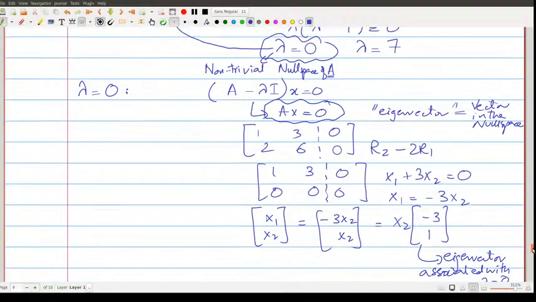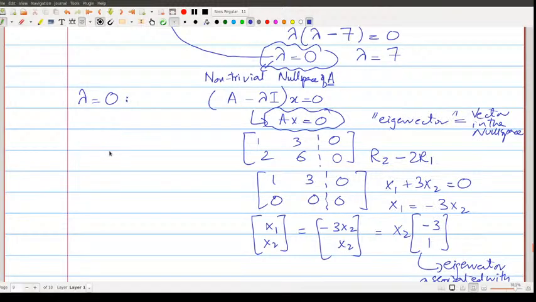But that eigenvector is actually sort of trivial in that it shrunk down. If I show you what happened, let's say this was the original vector, which was minus 3, 1. When you apply A on this space, this vector shrinks down.